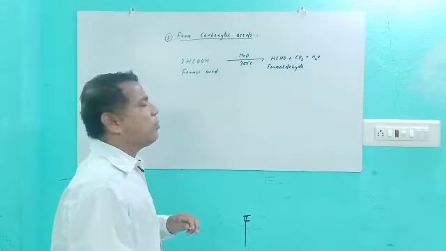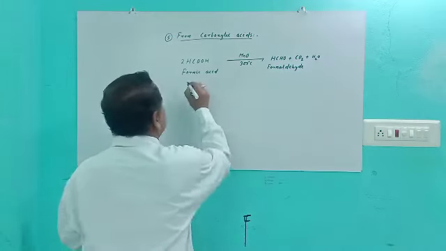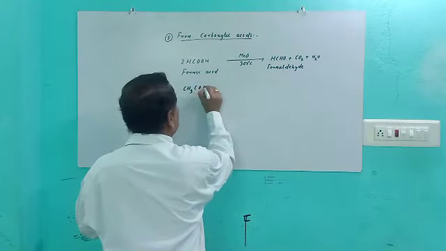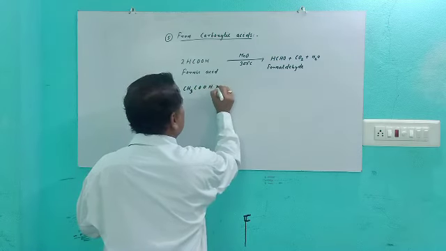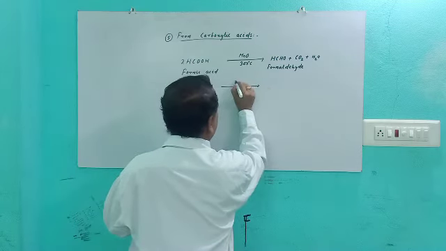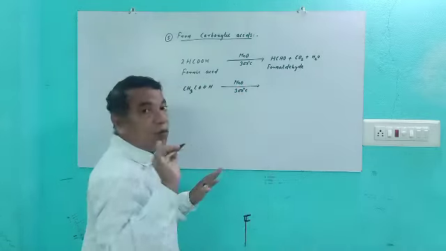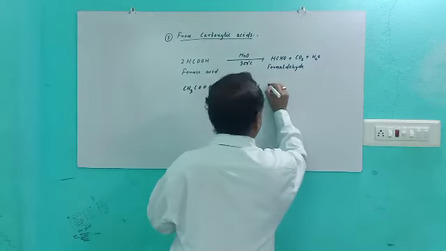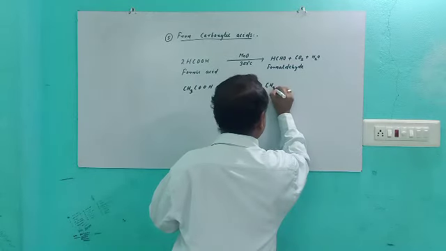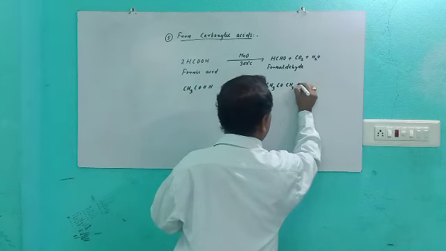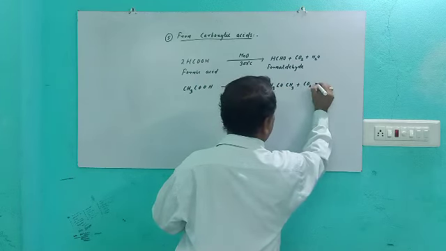Suppose you take acetic acid, CH3COOH. When acetic acid is passed over manganese oxide at 300 degrees centigrade, then a ketone, that is acetone, is formed: CH3COCH3 plus carbon dioxide plus water.